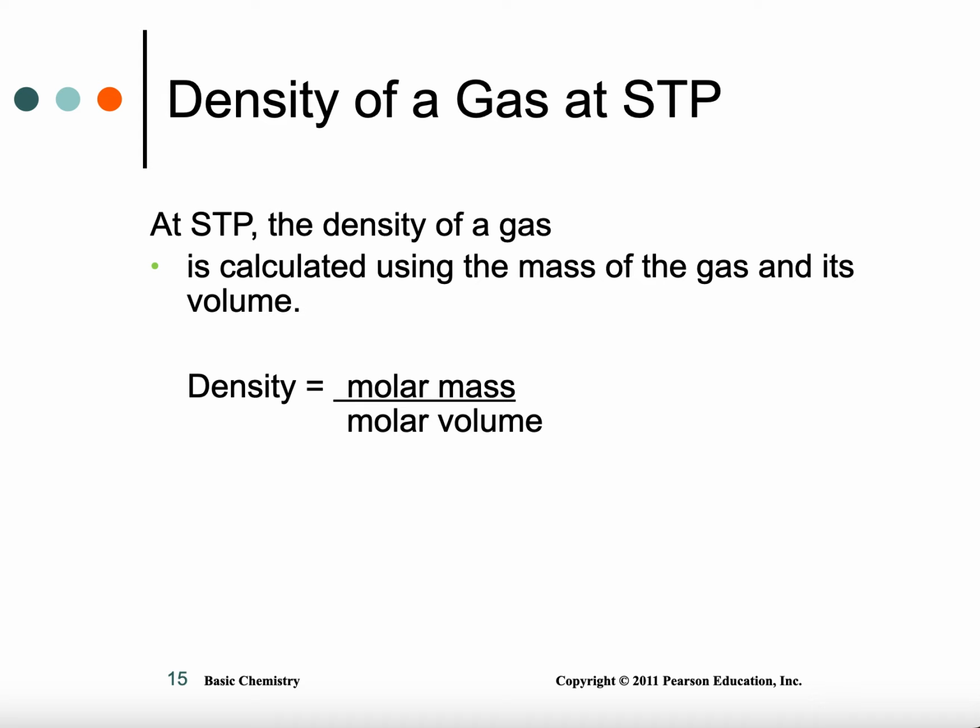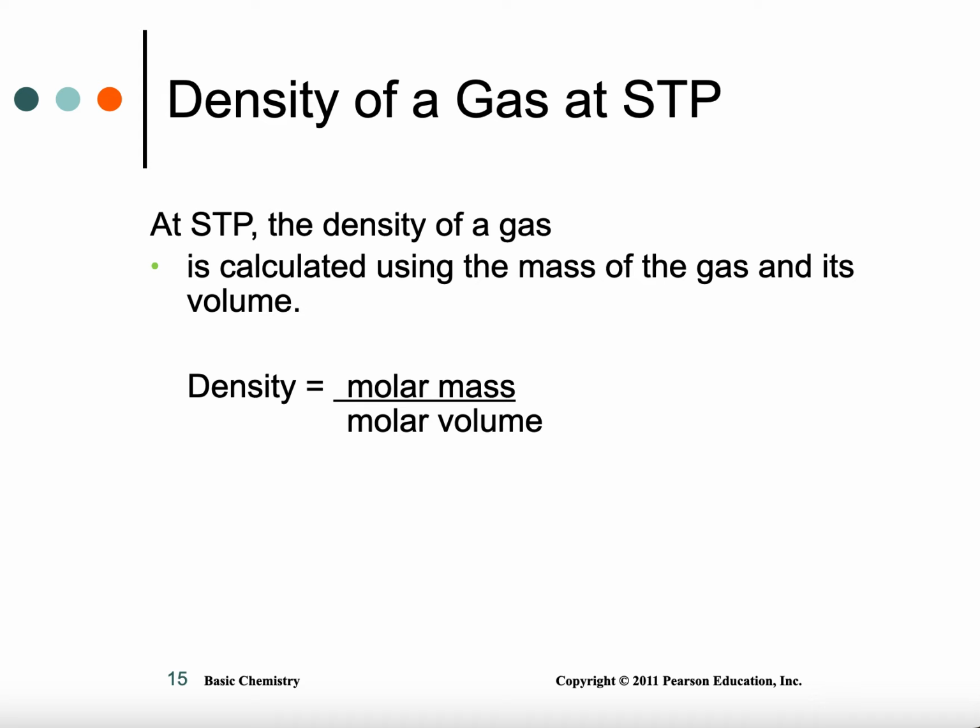Also, you can do density. Okay, remember density is mass over volume. So what's the molar mass? The molar mass is going to be that mass of 1 mole. It's the number under the symbol on the periodic table, and it's molar volume. If you know it's 22.4, you know its molar mass on the periodic table, and you know it's 22.4 of 1 mole of gas, you could do the density of that gas.